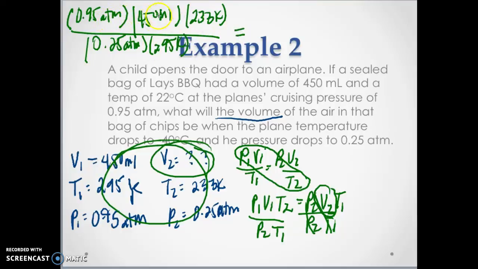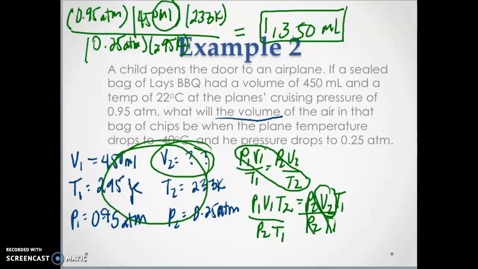And multiply this times this times this, and then divide by this and divide by that, and you end up getting 1,350 milliliters. It's milliliters because this volume's in milliliters, so we know that that's going to be the units.